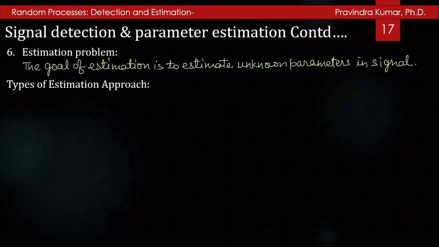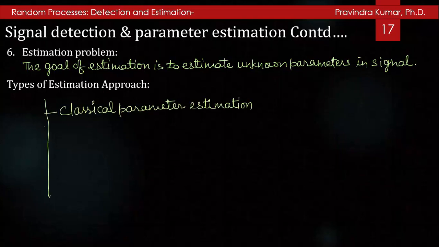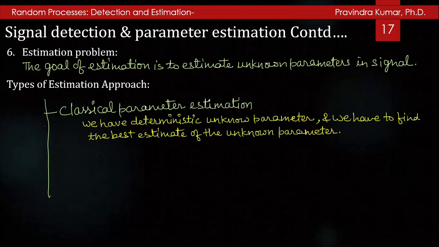Now, types of estimation approach. Based on the assumption made about the unknown parameters, the estimation methods can be divided into two broad groups. First is classical parameter estimation. In classical parameter estimation, you are given a set of observations and an assumed probabilistic model for the unknown parameters.